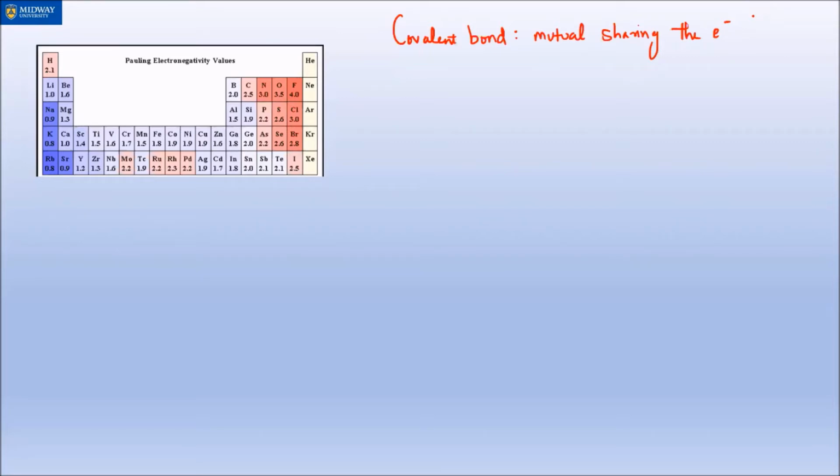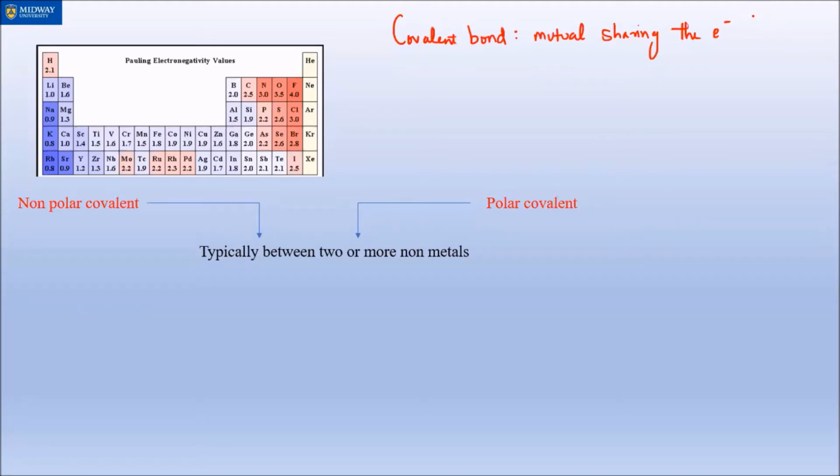But like I said, you have to be very specific whether you're talking about polar covalent or non-polar covalent, because that's very, very important. Covalent means that the interaction is between two or more non-metals, which means you do not have a metal at all in the picture.